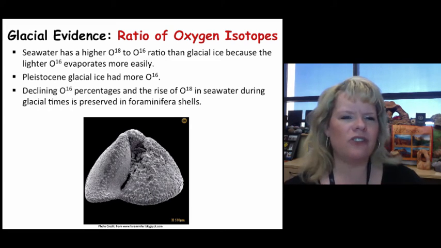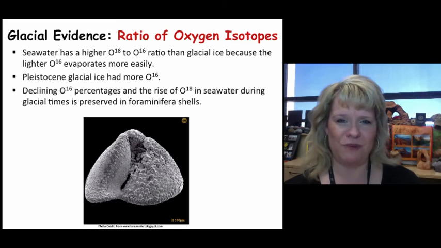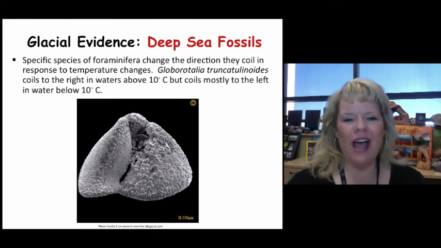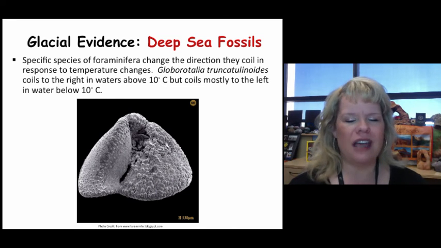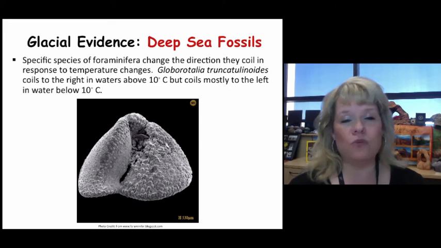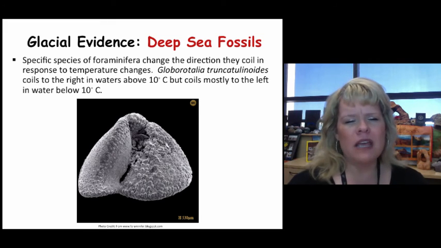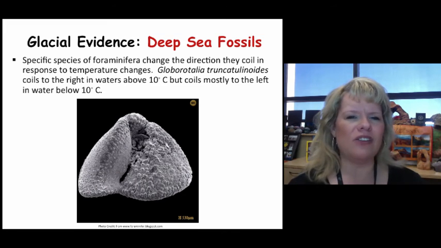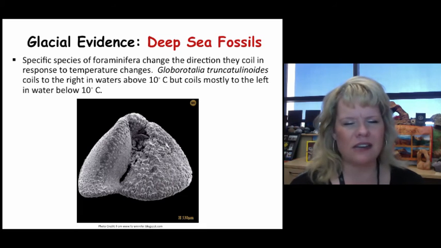In addition to oxygen isotopes, forams give us another special clue into the last ice age. A certain species of forams coils to the right during warmer conditions that are above 10 degrees Celsius, and then you will see it somewhere between 8 and 10 degrees Celsius.